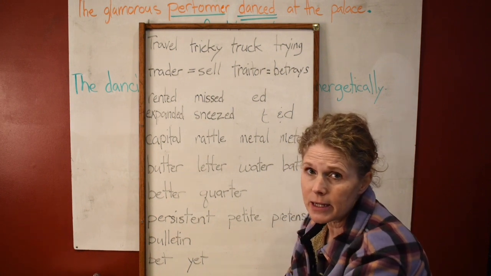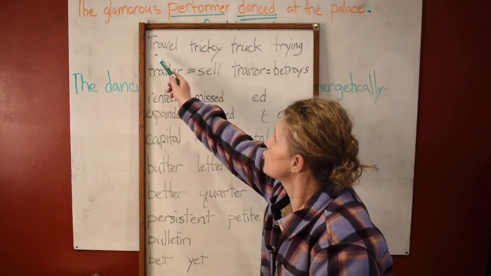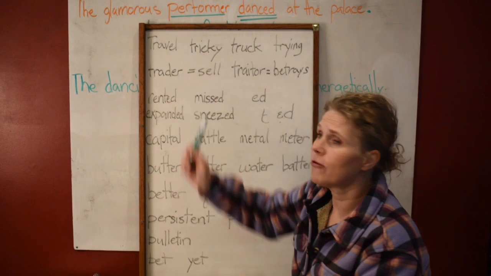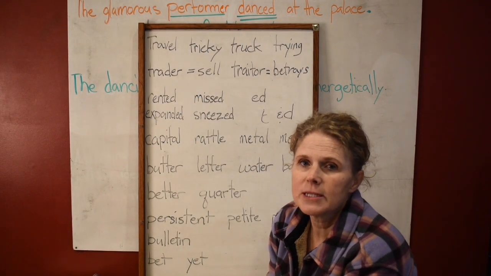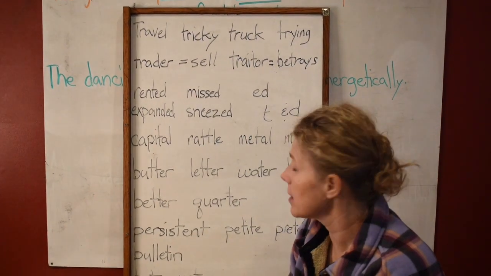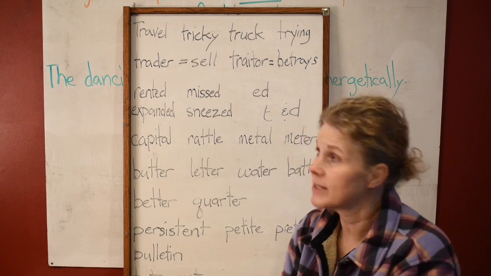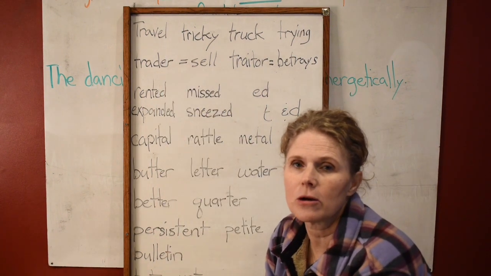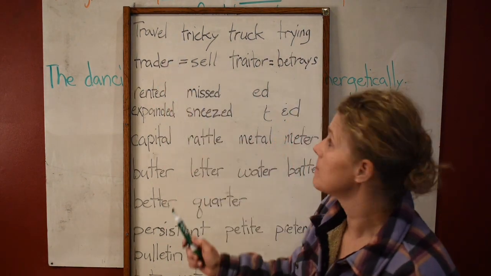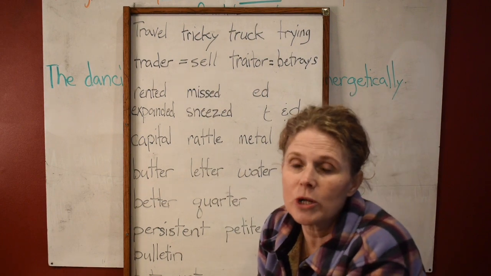But I also added a little bit more in here, and we have travel. See how you hear "chravel," but so many people say travel with the CHR. And so a lot of people want to spell CHR instead of TR because that's what they hear, "chur." And they travel, tricky, truck, trying. But that's not how you really actually say it.